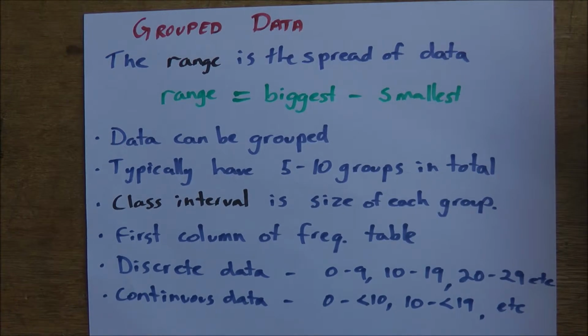So let's suppose we're talking about the height or the length of certain objects. Up to less than 10, so that's 9.999 recurring in that range. Then from 10 up to less than 20, and the next group would be 20 to less than 30 and so on. These are the things that we write in our first column of our frequency table.